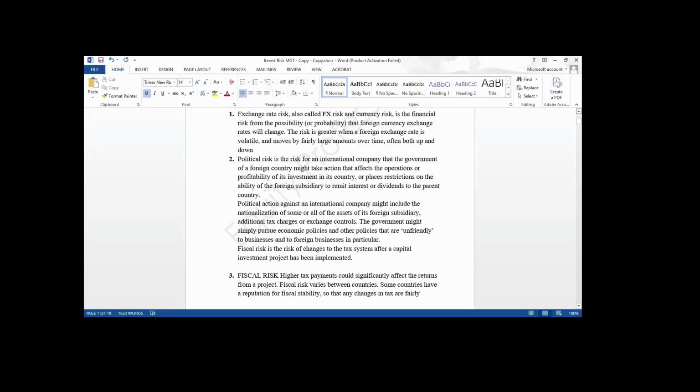Number two is the political risk. Political risk is the risk for an international company that the government of a foreign country might take action that affects your operation or profitability of your investment.